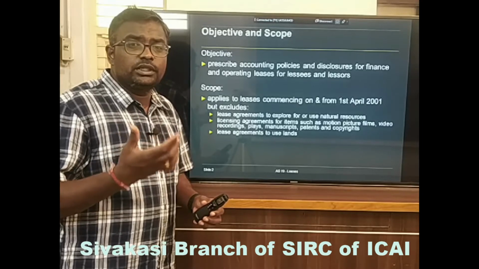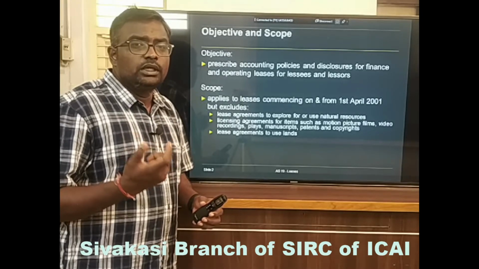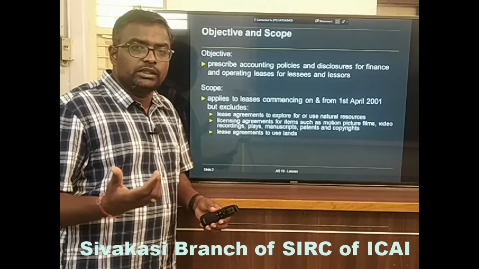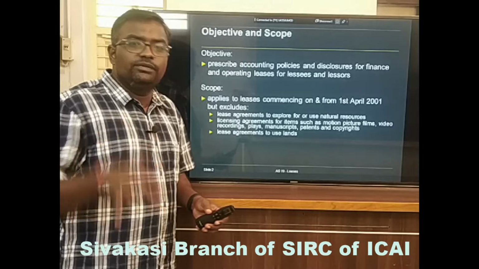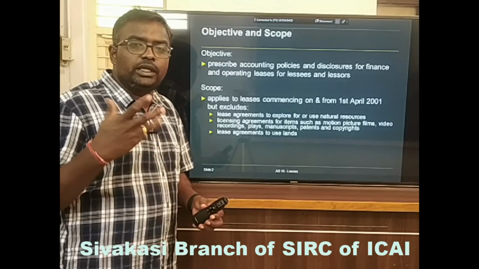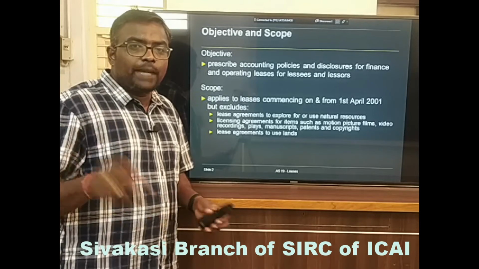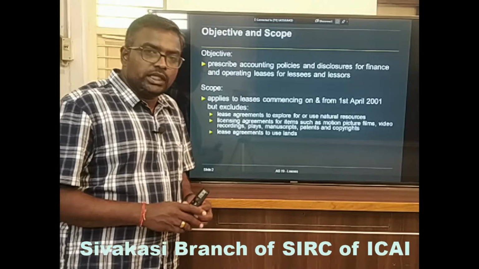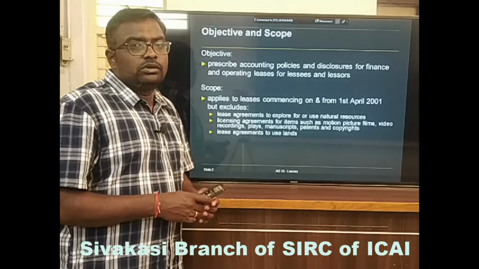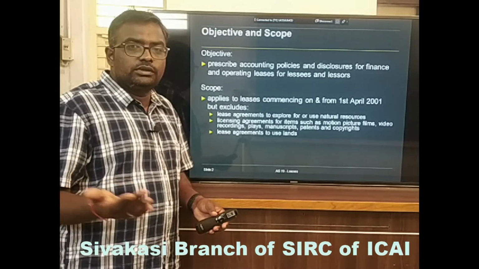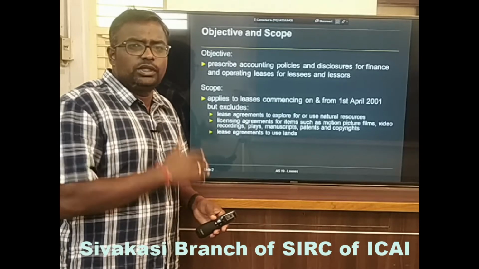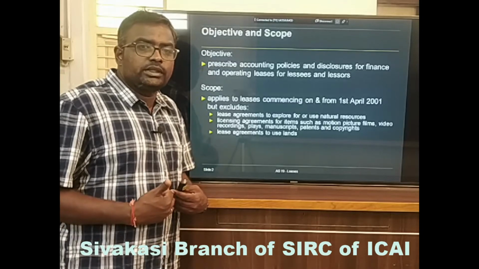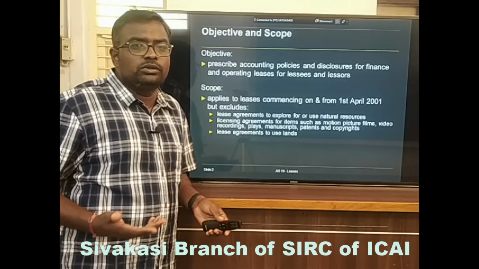And if your rental is more than 5,000 rupees per month, it is considered a significant lease and you are required to capitalize it in your books. How will I capitalize, and how much amount should I capitalize? Those things are dealt with by Ind-AS. This standard also deals to some extent with how to capitalize that asset in the books, because that is not my asset. So where is the invoice to capitalize those assets?